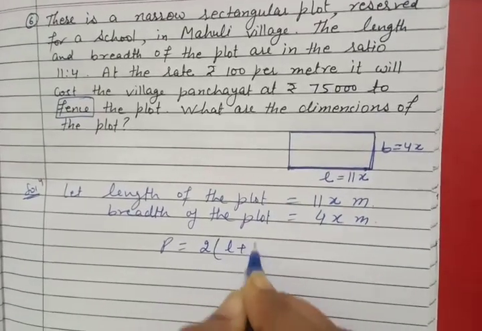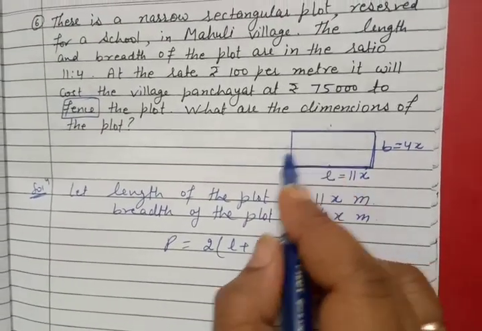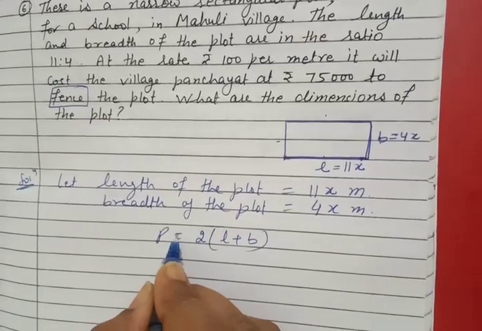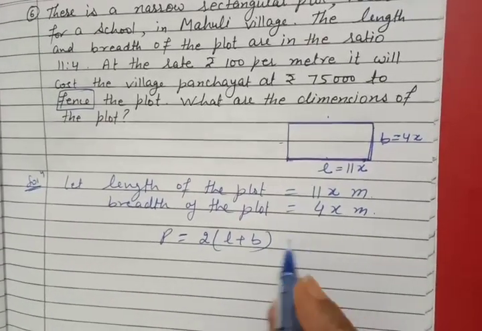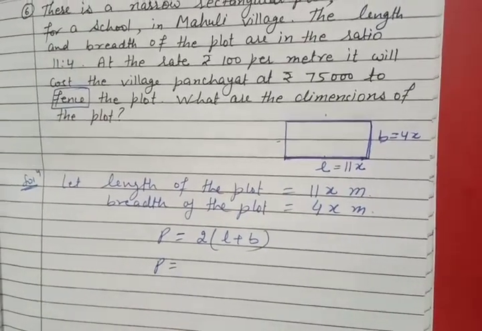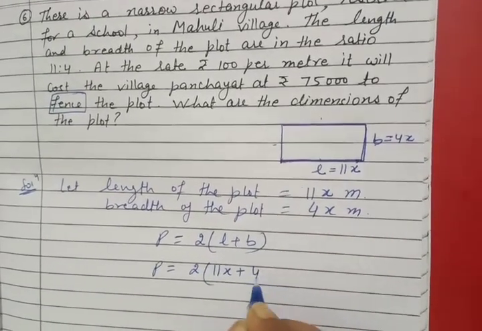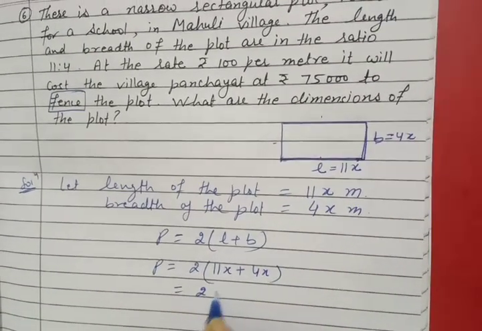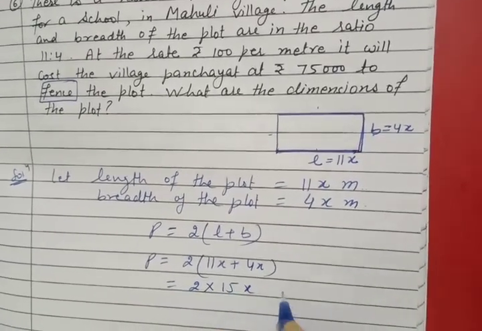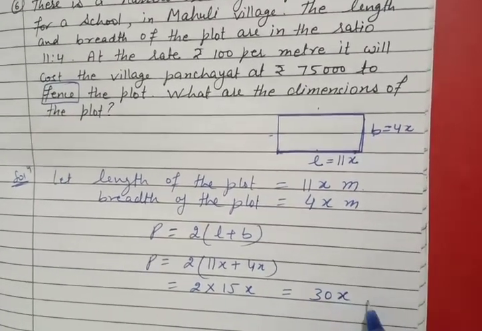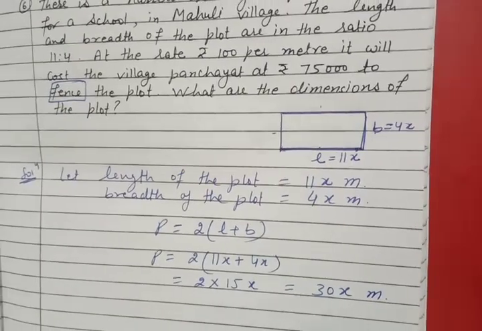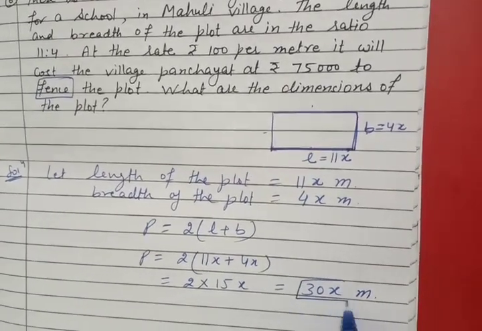It means 2 times (L plus B). 2 lengths and 2 breadths. This is the formula for perimeter. Perimeter is equal to 2 times, length here is 11x, breadth here is 4x, which is equal to 2 into 15x, which is equal to 30x meters. So this is our perimeter, 30x.